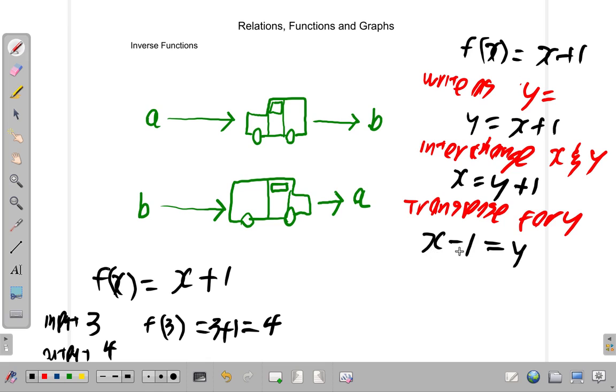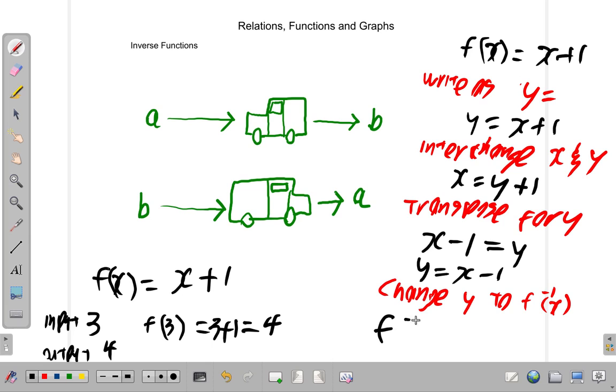Let's turn this around and make the y on the left. y equals x minus 1. Then the next thing is to change the y to f inverse of x. So what you will have is f inverse of x is equal to x minus 1. So this is the inverse function.